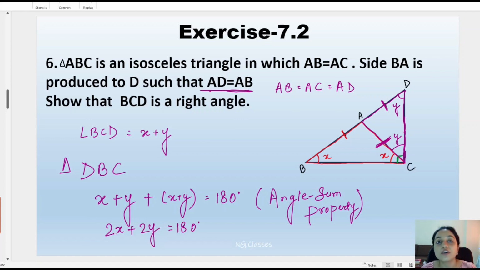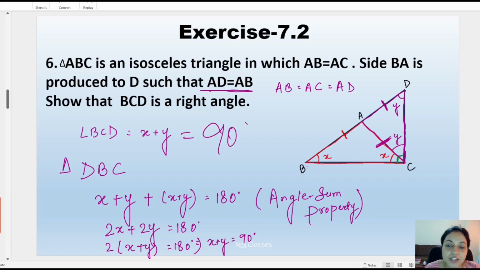And from here, if we factor out 2, then we will have 2 times X plus Y is equal to 180 degrees. And if we shift 2 to the other side, we will have X plus Y is equal to 90 degrees. That's what we wanted to prove, that this angle BCD is 90 degrees. That means X plus Y is 90 degrees we got, and hence we are done with the proof.